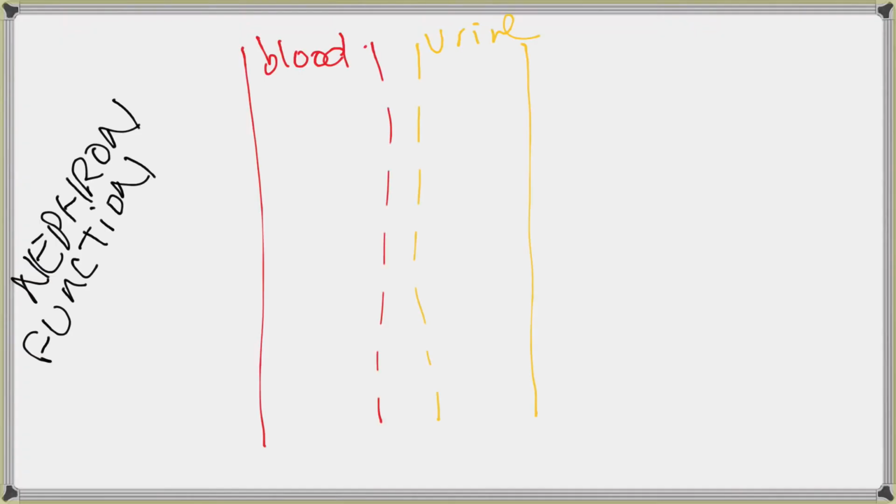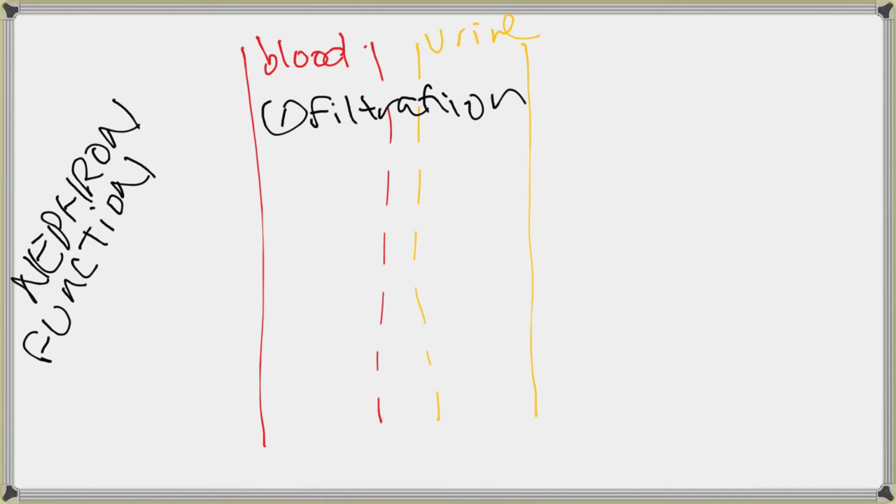So let me show you. This is just a really, really simplified drawing. So this is microscopic blood tubes and microscopic pee tubes. Of course, they're way curvier than this, but what I want you to understand is the big picture. So the first step is filtration, and I want you to understand which direction things move via filtration.